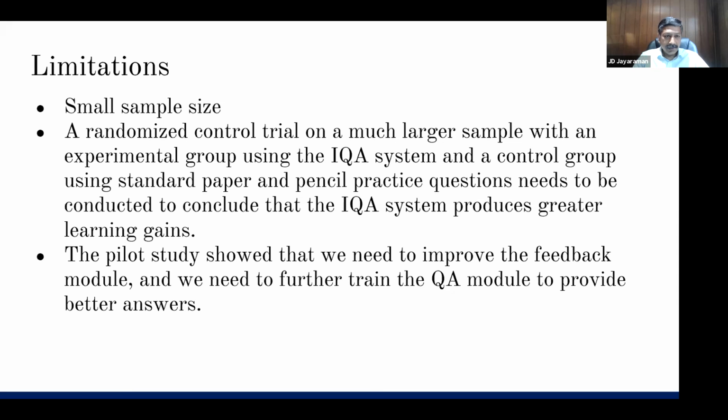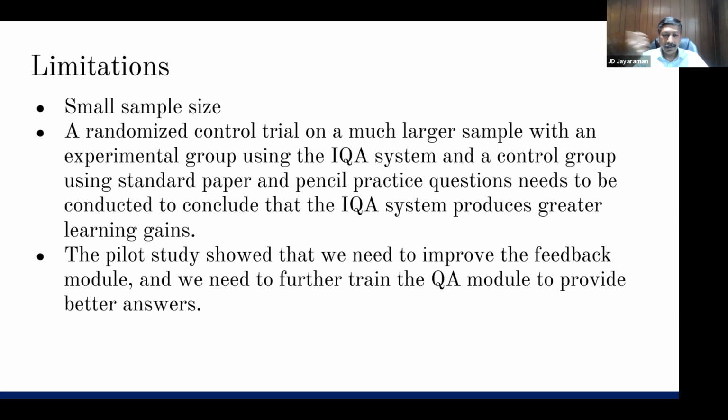And in terms of limitations, again, I've talked about a lot of this already. It's a small sample size since it's just a pilot study, and we also knew when we designed it that there are lots of improvements we can make on the feedback system because it's just a rule-based system.